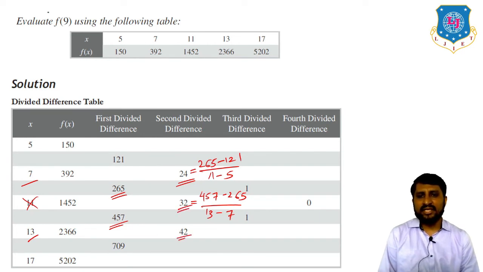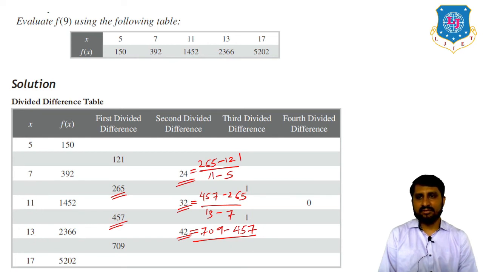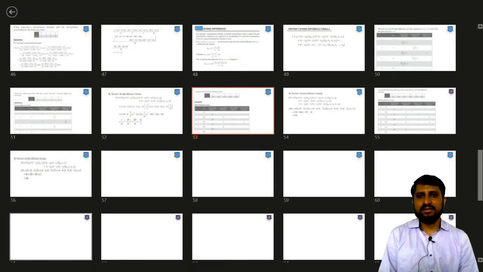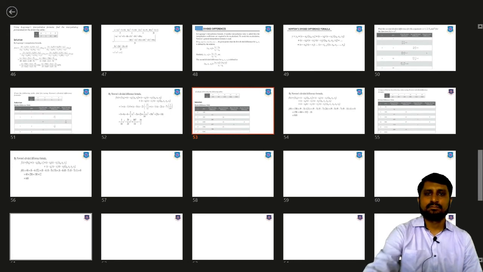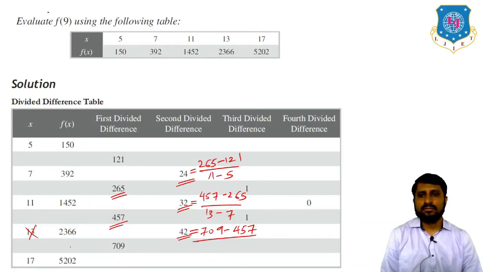Now how will we get 42? 42 is equal to 709 minus 457 in the numerator, upon, now this 13 is missing, so that is 17 minus 11.